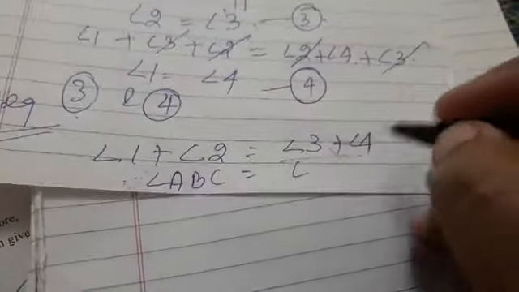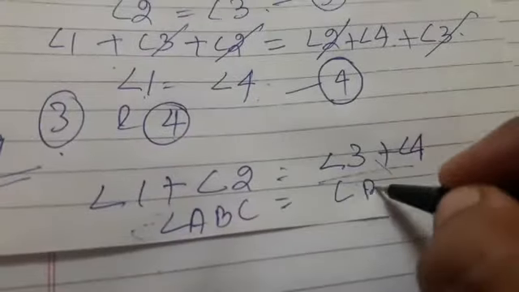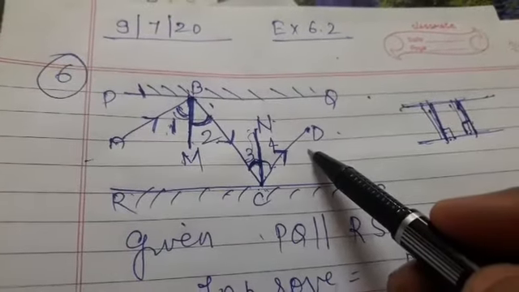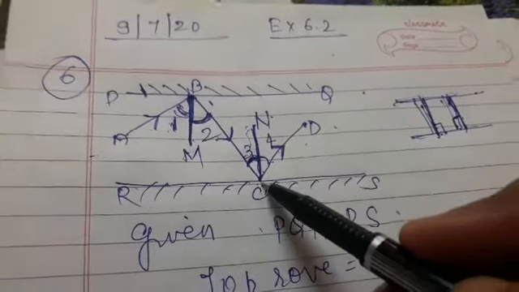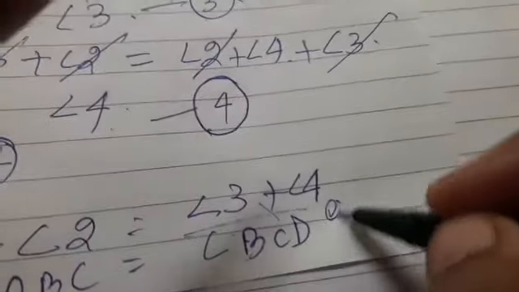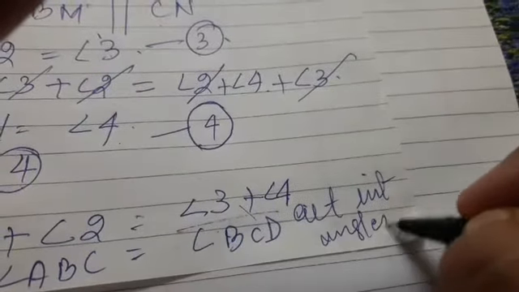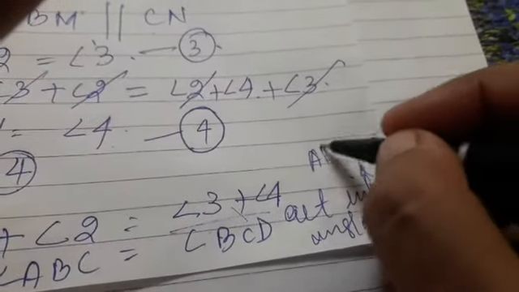BCD. Now when you look at the figure again, ABC and BCD are which angles? Alternate interior angles. So when the alternate interior angles are equal, we can straight away write AB is parallel to CD.